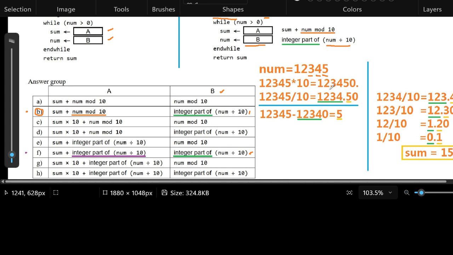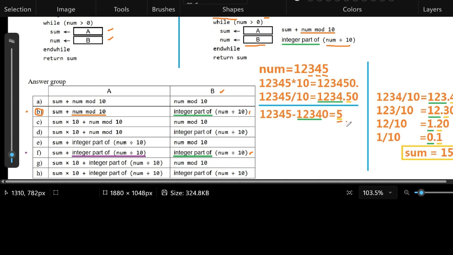Now the question is, if you divide it by 10, you get 1234. How do you get the 5? The answer is, if you have 1234, you multiply it by 10, and that's where you get 12,340 here, and then subtract that from 12,345, which would give you 5, which is the remainder.